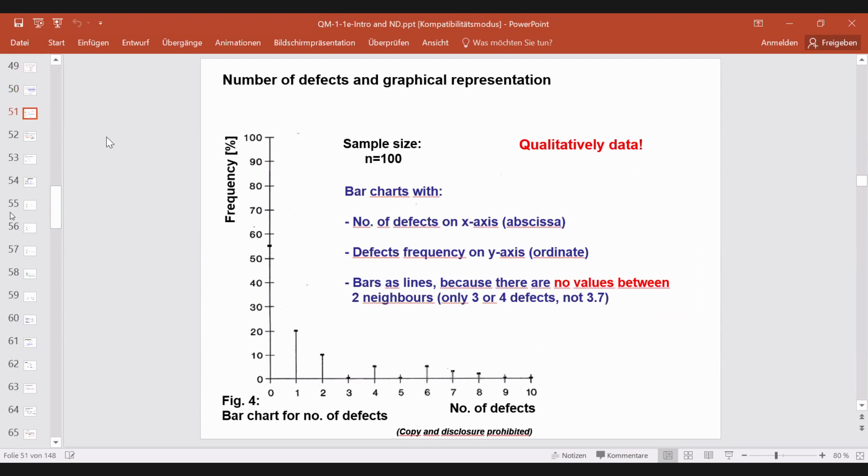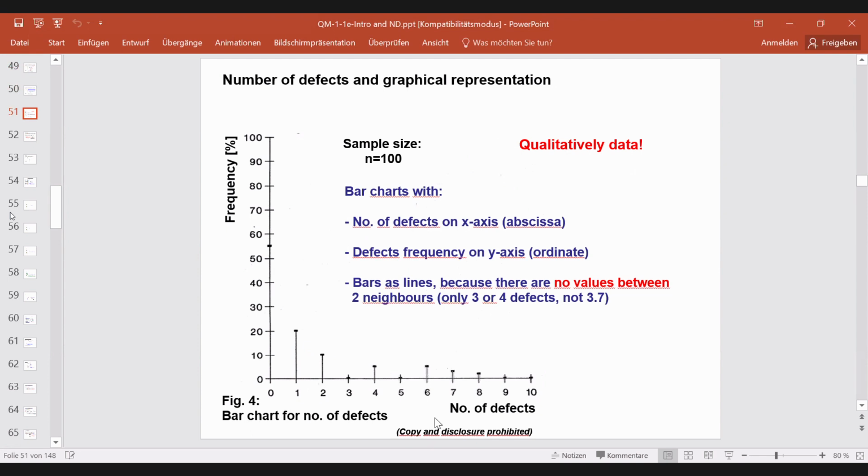This was an example for quantitative data. And as I told you last time, we also have qualitative data. This means there are no measurements.